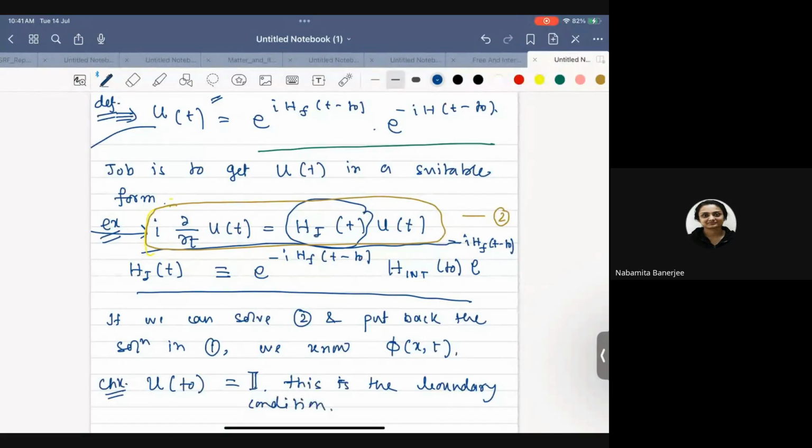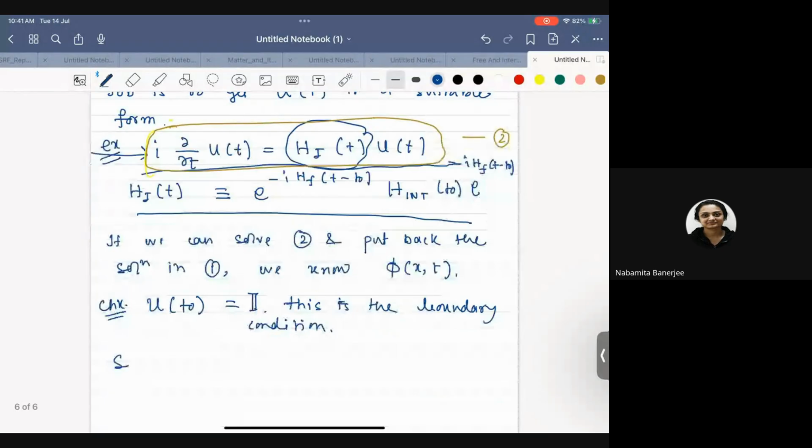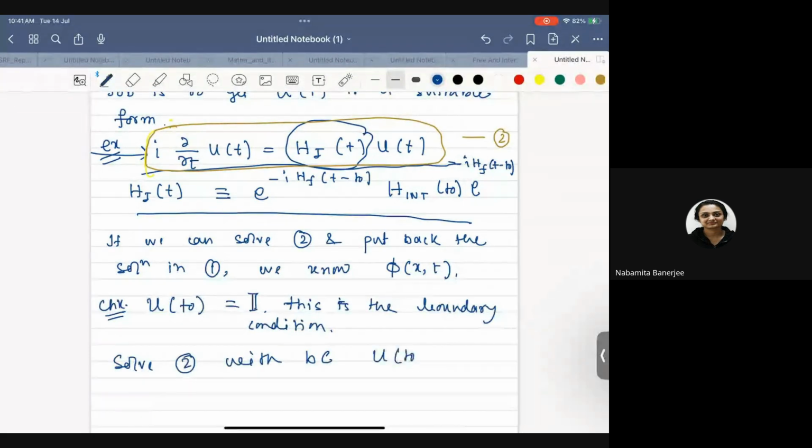So then my job is to solve 2 with boundary condition U(t_0) equal to identity. And if I am successful in doing that, then I am successful in understanding an operator in the interacting theory with some known quantity.